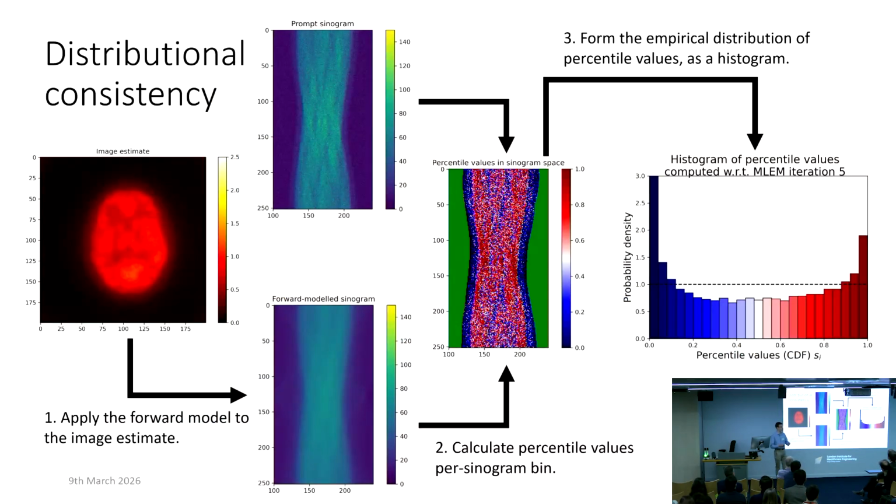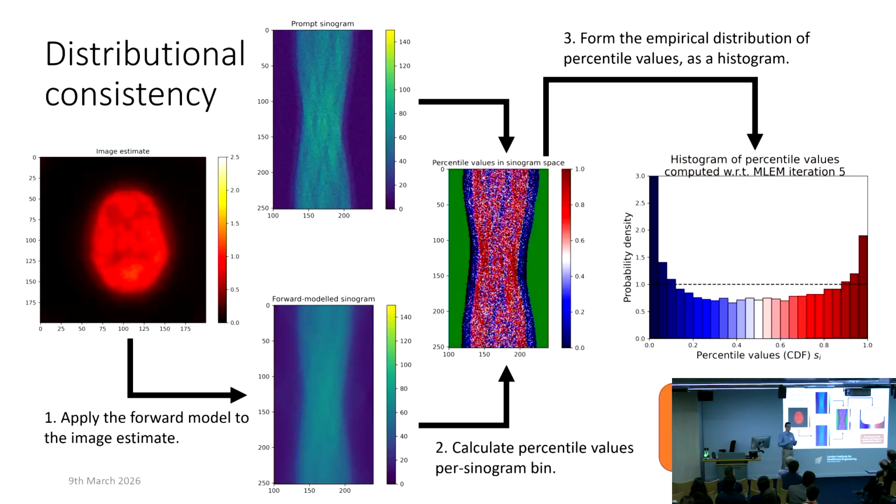To see this, we can run an MLEM simulation, which we'll do now. When we're getting a uniform histogram where all of these histogram bins are around the 1 mark, then that means that we're actually explaining the data adequately well.